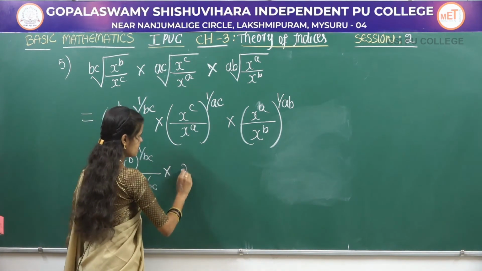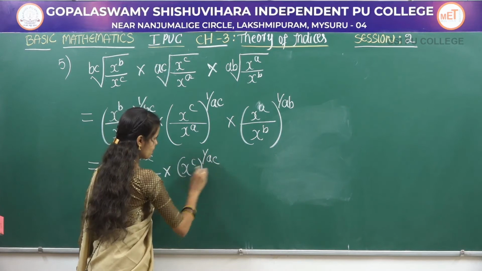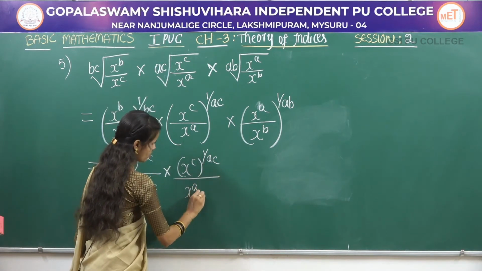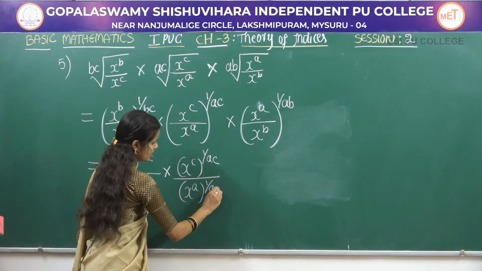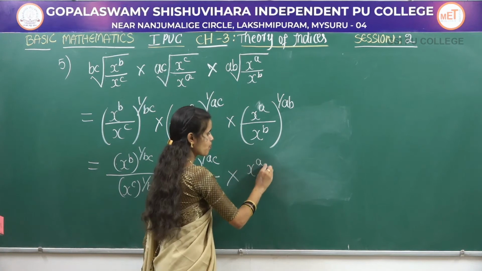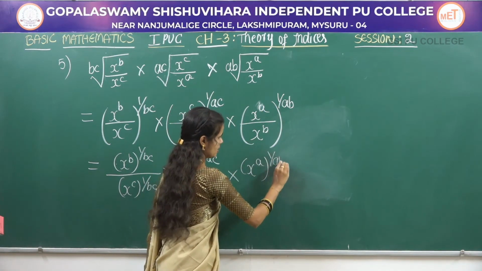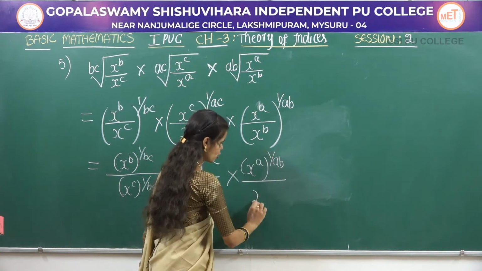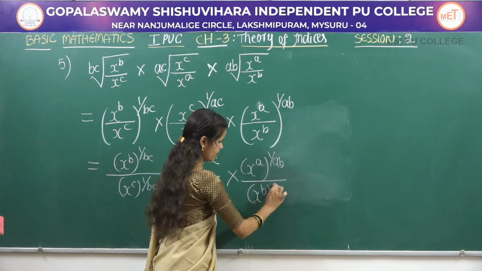Into this can be written as x to the power of c, to the power of 1 by ac, divided by x to the power of a, to the power of 1 by ac. Into here x to the power of a, to the power of 1 by ab, divided by x to the power of b, to the power of 1 by ab.